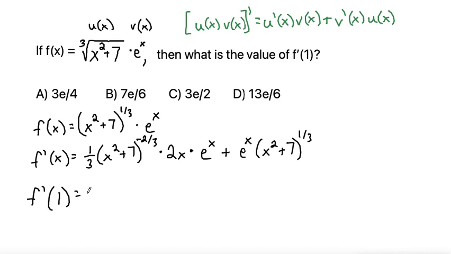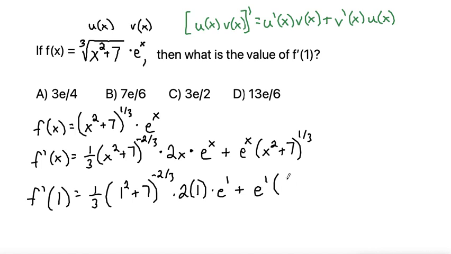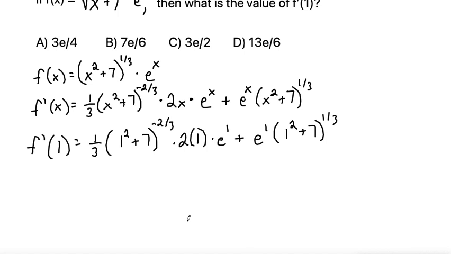So substituting 1, we get 1/3 times 1 squared plus 7 to the power of negative 2/3 times 2 times 1 times e to the 1 plus e to the 1 times 1 squared plus 7 to the power of 1/3.